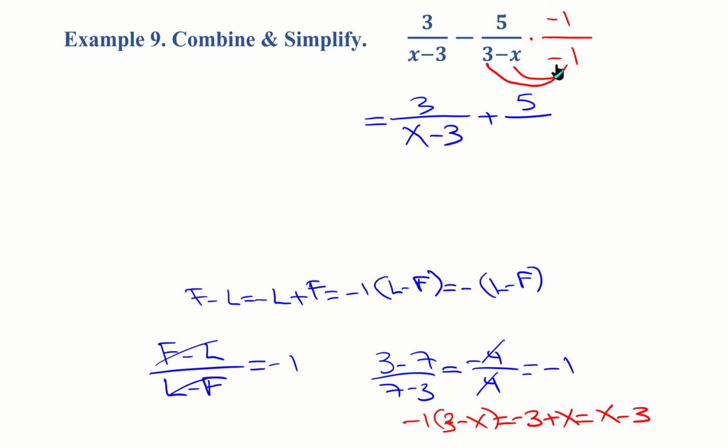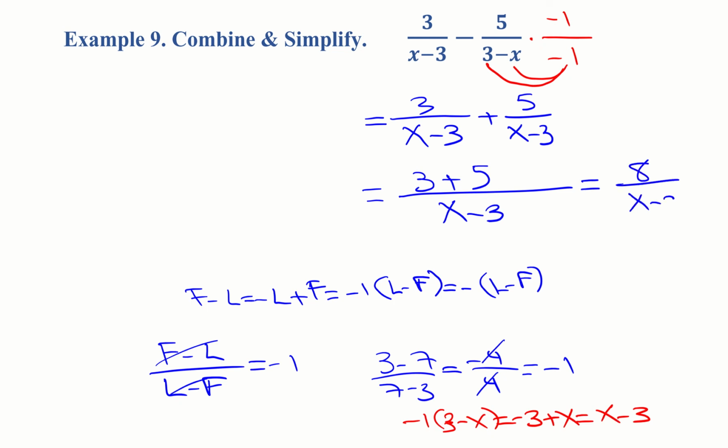And also down here, remember, you multiply negative 1 by 3 minus x, which is going to be what? x minus 3. So you see how much the problem changed? Now we have two simple like fractions. So we keep the common denominator, which is x minus 3, and we combine the numerators. So we get 3 plus 5. So finally, we get 8 over x minus 3.